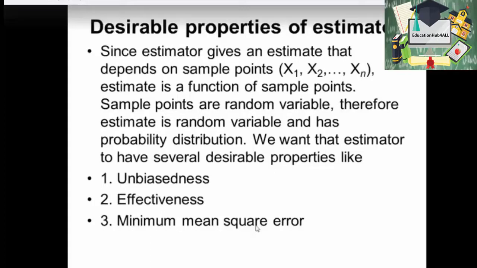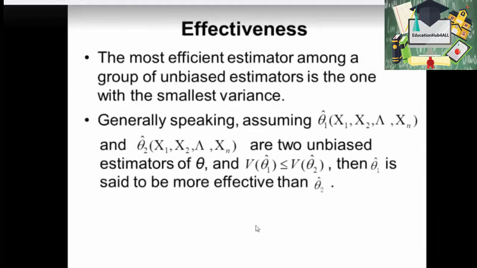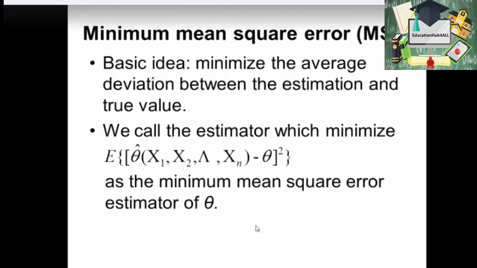So the minimum mean square error represents this: if the error is small, it means it's more accurate. So this is the general definition of unbiasedness and effectiveness. Effectiveness means the variance is smaller. Variance is smaller, which means the estimation is more accurate.